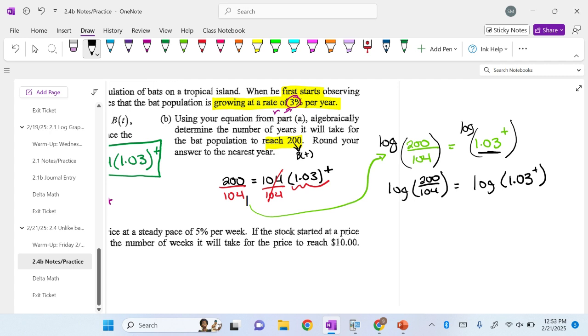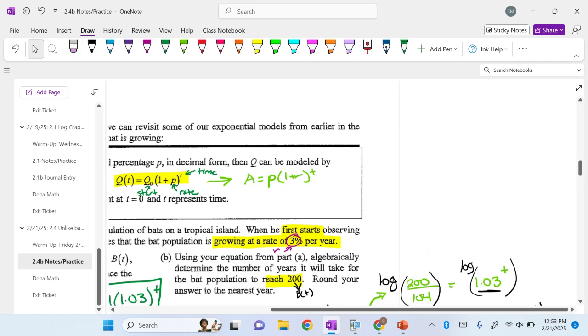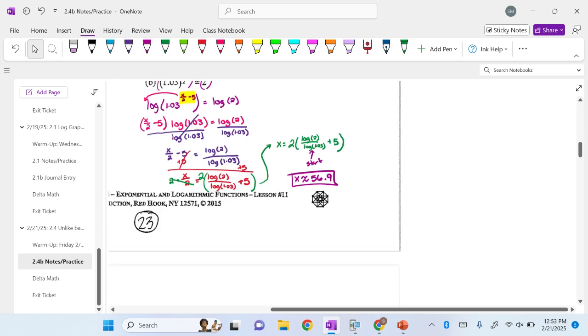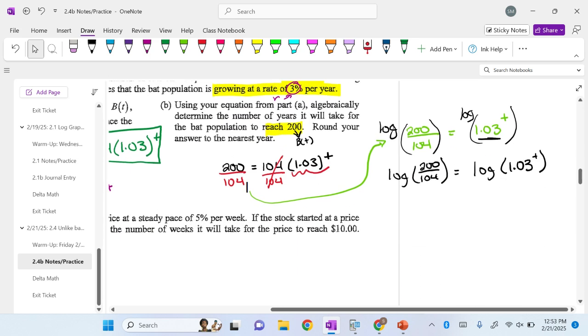What's my next step from here? What would I do up here? What was I doing up here when I was trying to figure out the log stuff? As soon as I got to this state, what did I do next? I've got to do something with my variable.